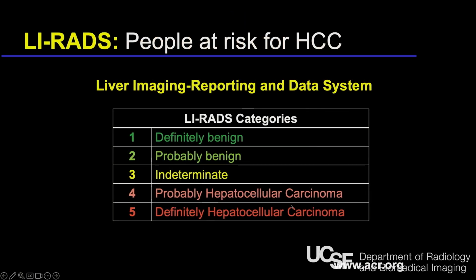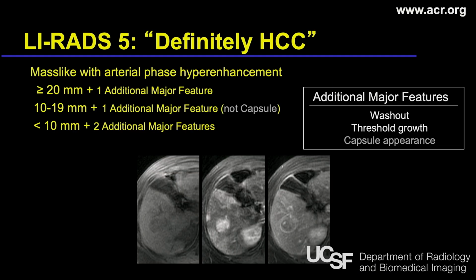And in many institutions, we use a system called LI-RADS, the Liver Imaging Reporting and Data System. This stratifies people based on risk, and mainly we're looking for LI-RADS 4 and 5, the probably hepatocellular carcinoma and the definite hepatocellular carcinoma groups. These have fairly straightforward criteria.